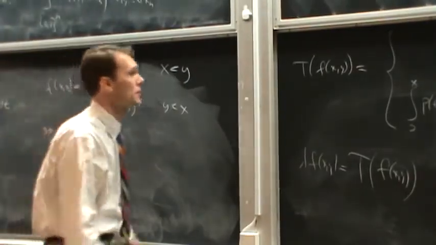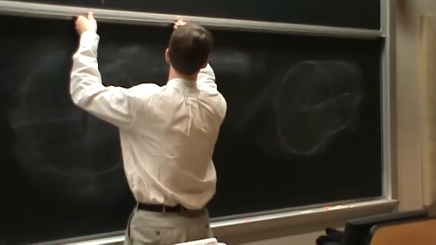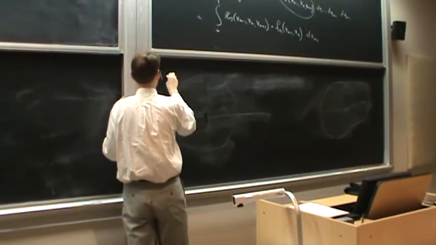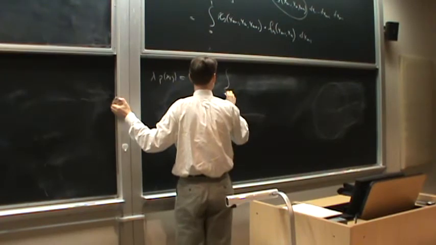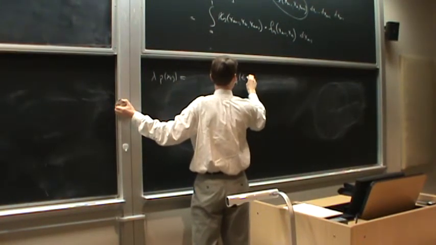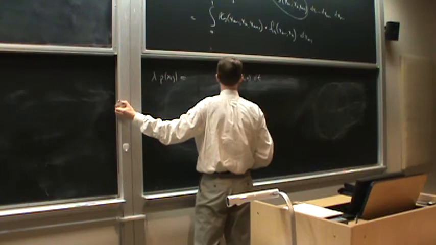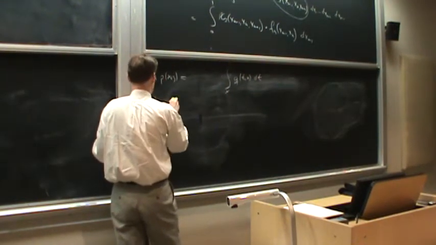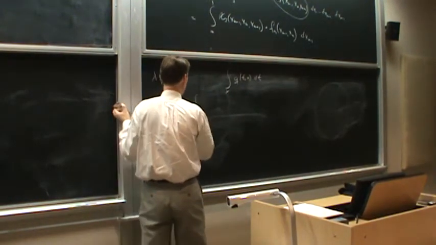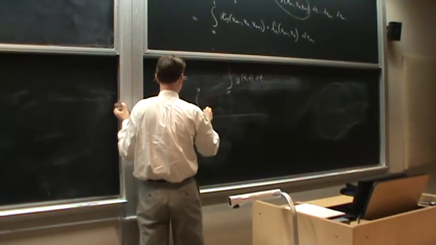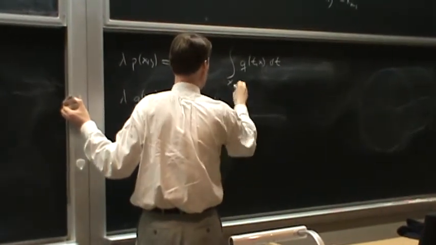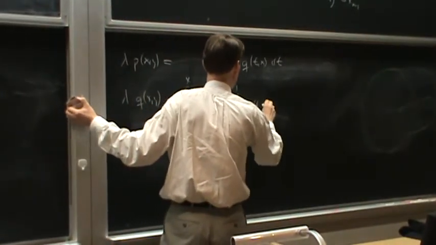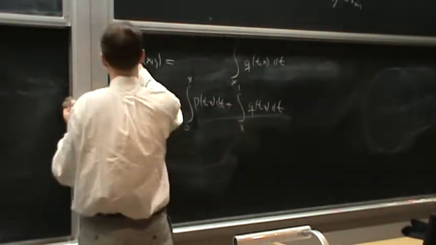So the equations come out to be lambda q of x, y equal to the integral from x to 1 of q dt, and lambda p of x, y equal to the integral from 0 to x of p(t, x) dt plus the integral from x to 1 of q(t, x) dt.